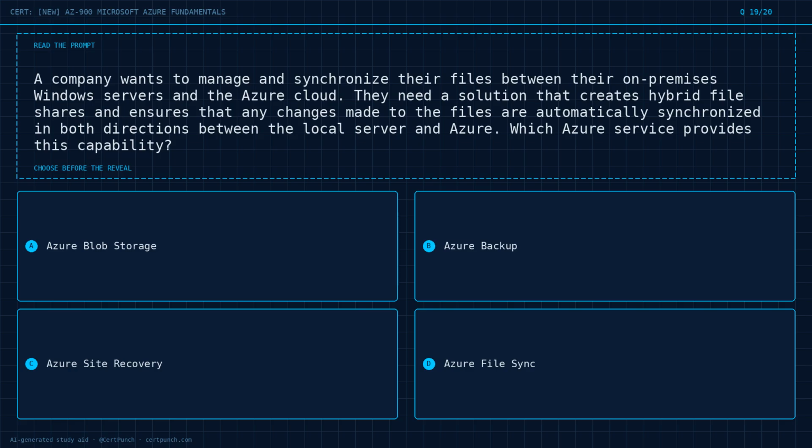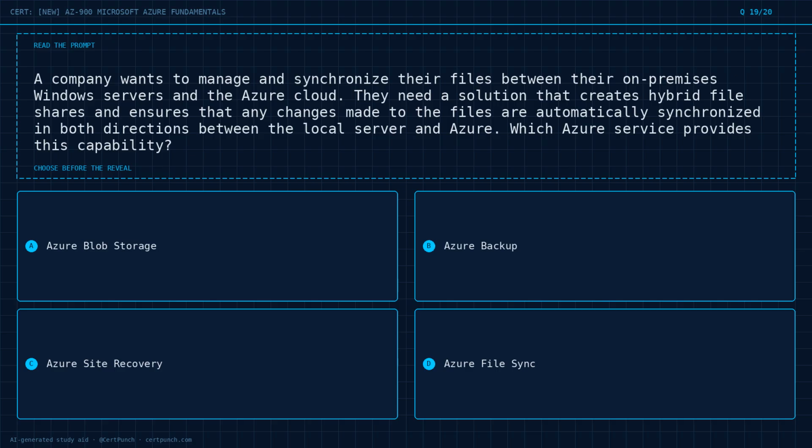Question 19 of 20. A company wants to manage and synchronize their files between their on-premises Windows servers and the Azure cloud. They need a solution that creates hybrid file shares and ensures that any changes made to the files are automatically synchronized in both directions between the local server and Azure. Which Azure service provides this capability? Option A, Azure Blob Storage. Option B, Azure Backup. Option C, Azure Site Recovery.